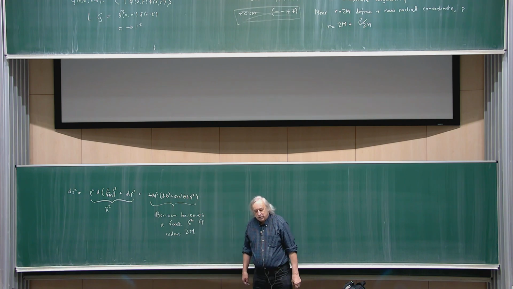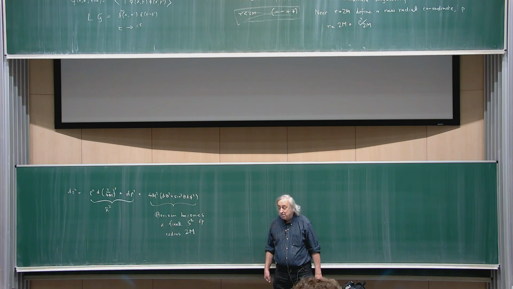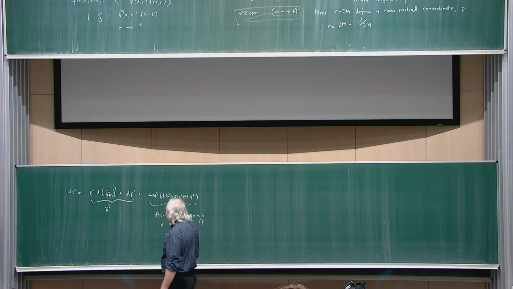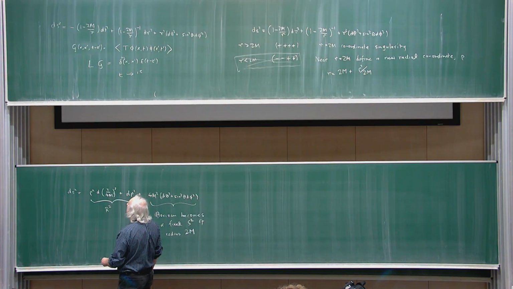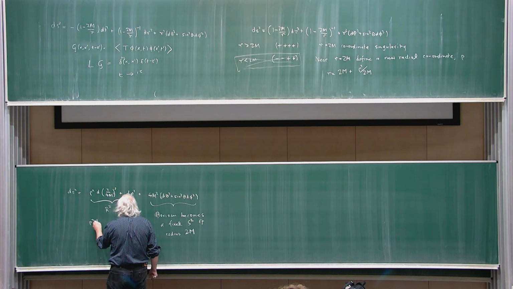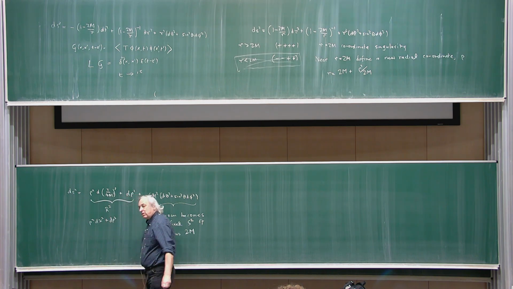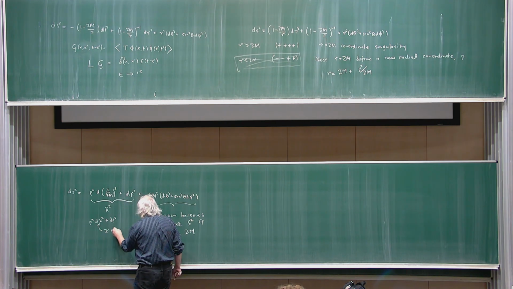If I asked you to construct a flat metric on R2 in polar coordinates, you would immediately say, well, rho squared d chi squared plus d rho squared is a metric on R2, but you'd have to identify chi with period 2 pi.